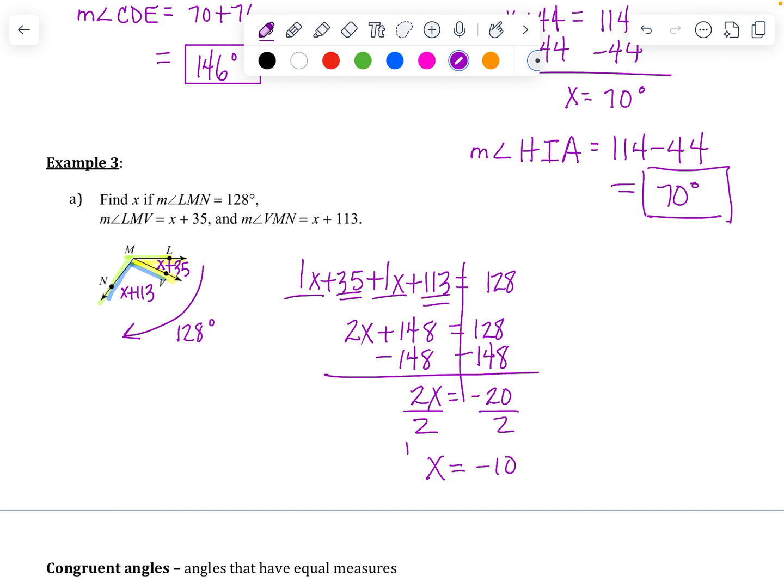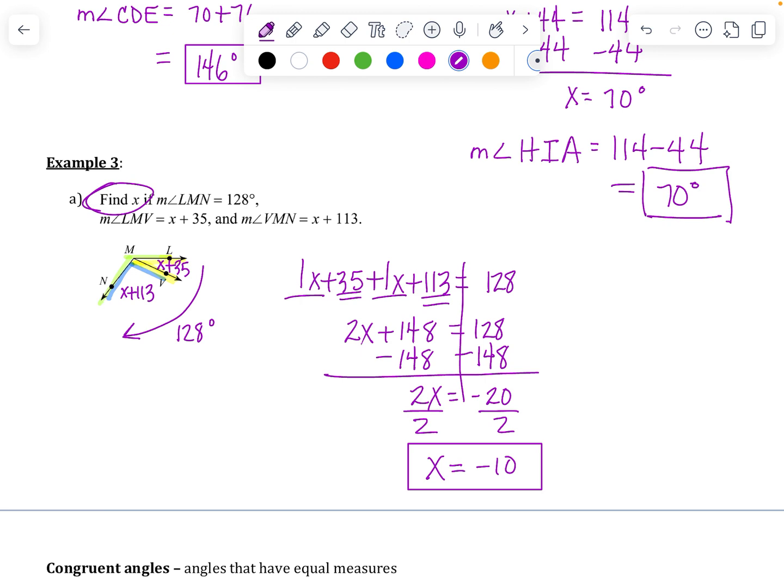Now, because the directions told you to find x, this is actually the final answer. It just says find x there. Don't forget that negatives might or might not make sense. In this case, they do make sense because if you were to plug the negative 10 back into those two inside expressions, you would not get negative angles. You would have positive angles.